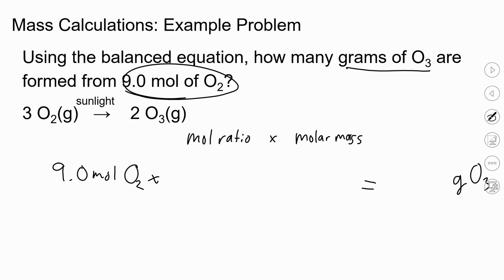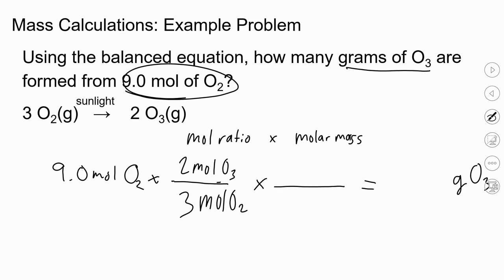So the first step is to convert moles of O2 to moles of O3. Our equation gives us those ratios. I need to cancel out moles of O2, so that goes on the bottom, and I have 3 moles of O2 for 2 moles of O3.